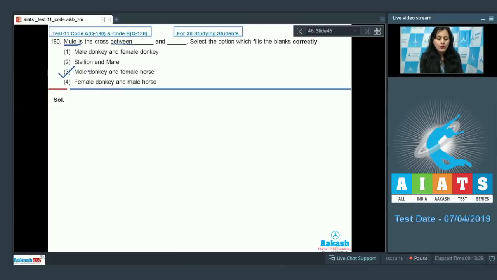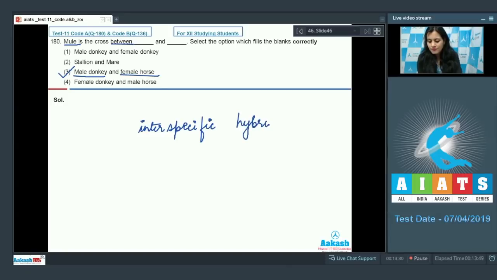Mule is the cross between male donkey and female horse because mule is a result of interspecific hybridization in which male and female animals of two different species are mated.